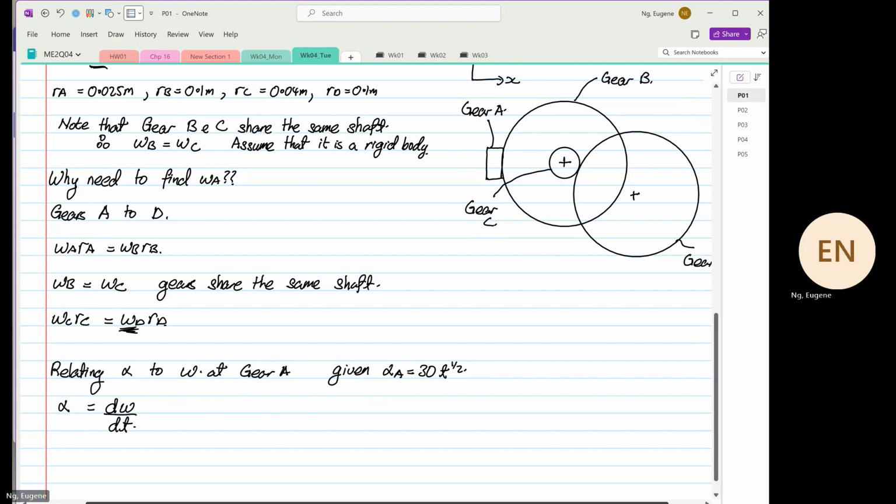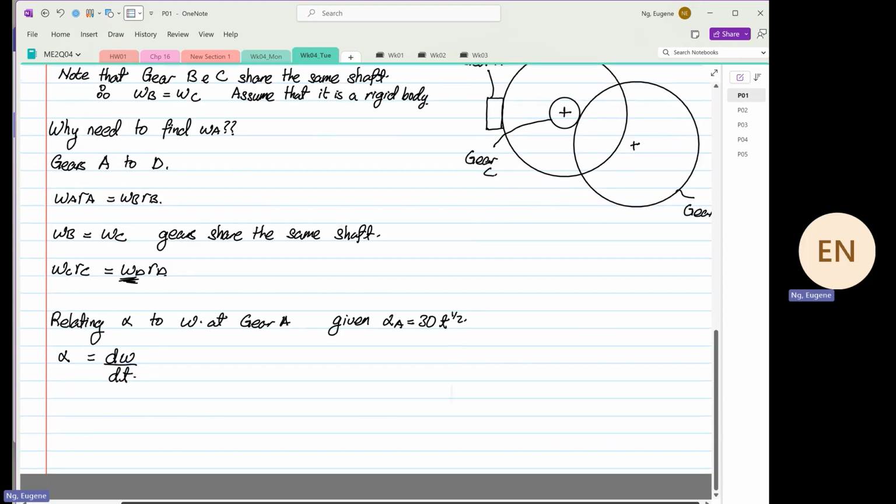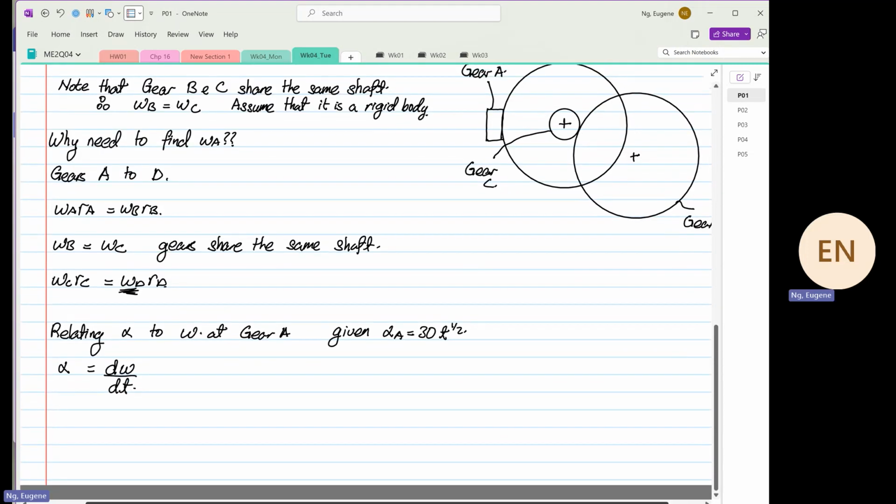Right? So we are aware that alpha is equal to d omega over dt. So when we have this, we can write that d omega is equal to alpha dt. Okay.